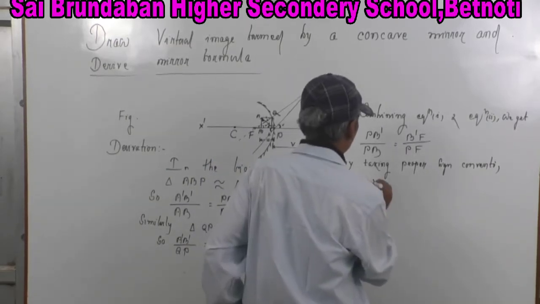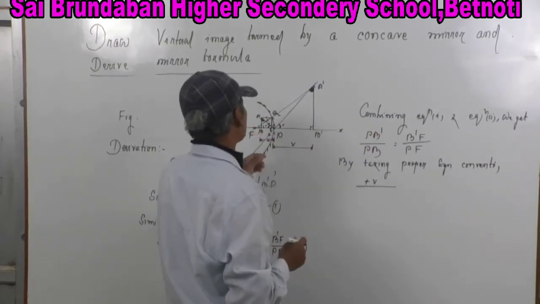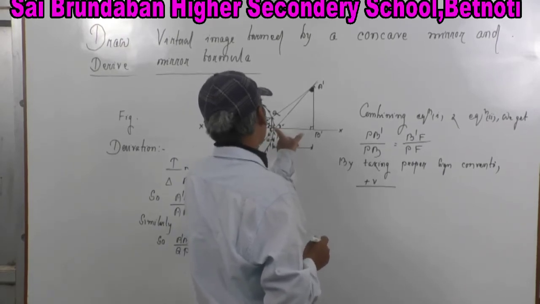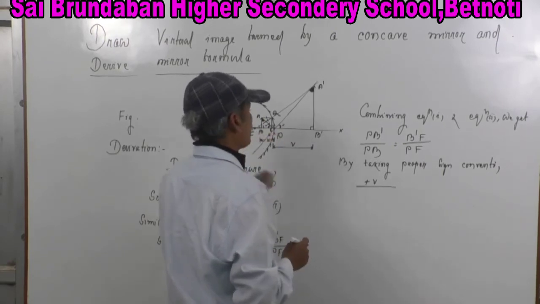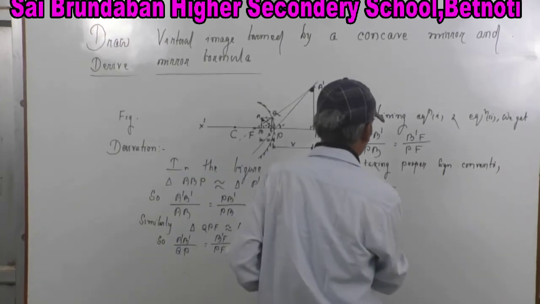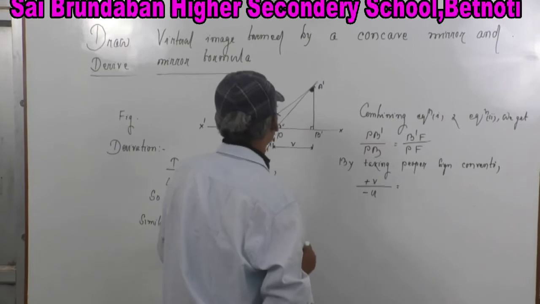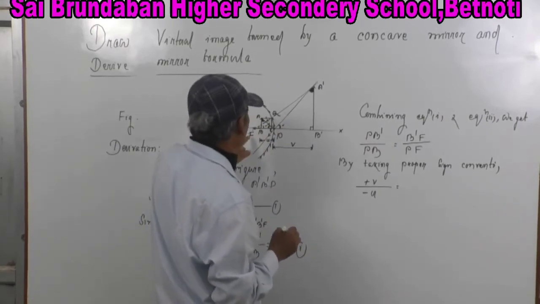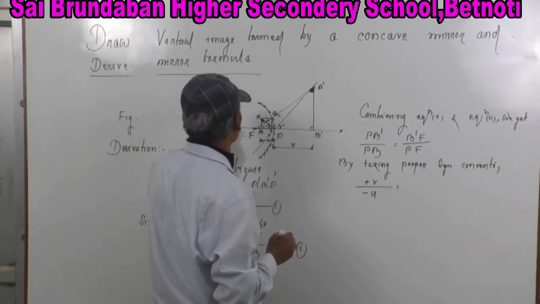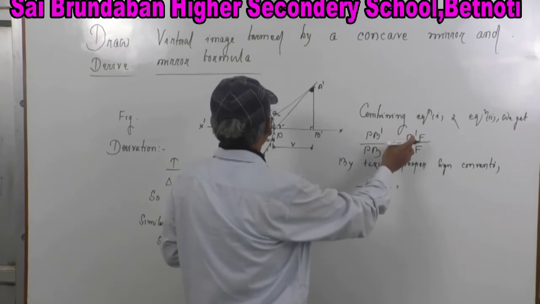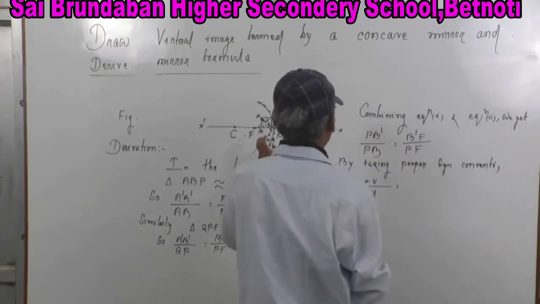PB is measured from the origin to B along the negative x-axis, so PB is equal to minus U. Now the focus is on the negative x-axis, that's why it is written B dash F. B dash F is how much?